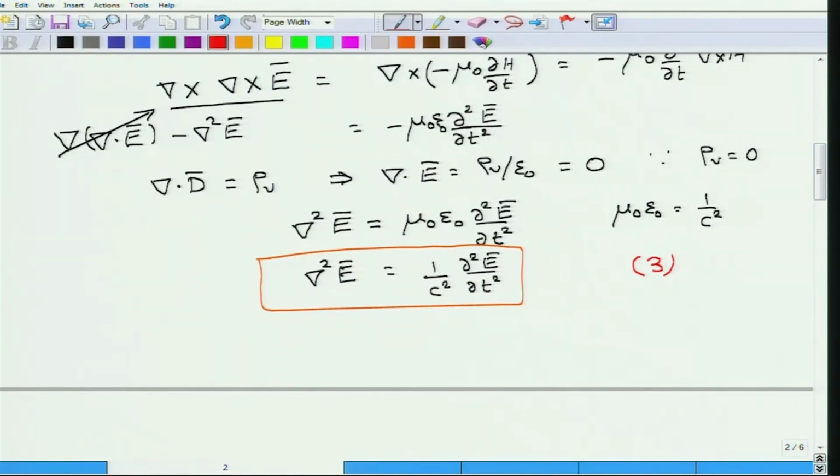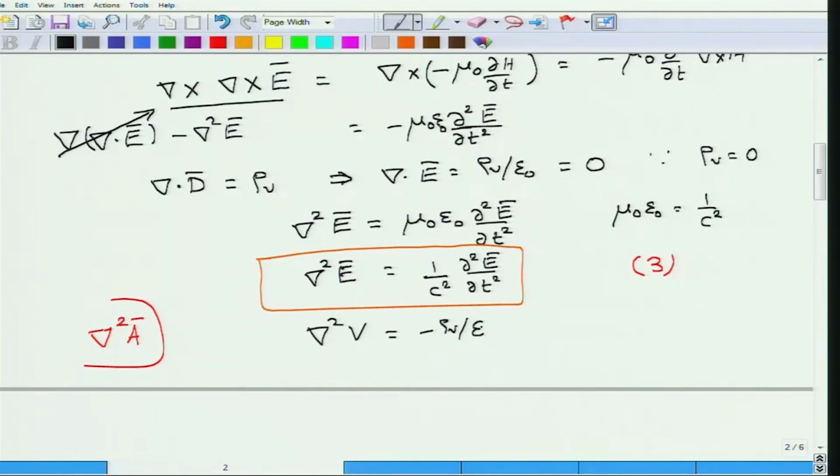The left hand side is still not completely familiar to us. We have probably seen this in one of the examples where we considered del square A, where A was the magnetic vector potential, but other than that we have not really seen what this del square E is. This del square E is called the vector Laplacian. Del square should remind you of the Laplacian, but in that case the Laplacian was being applied on a scalar: del square V is equal to minus rho V by epsilon.